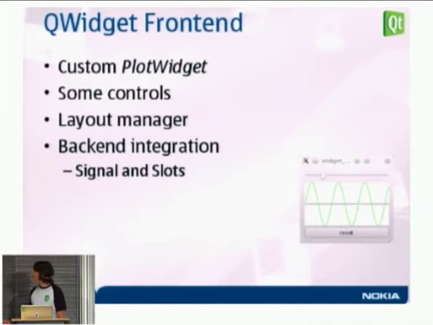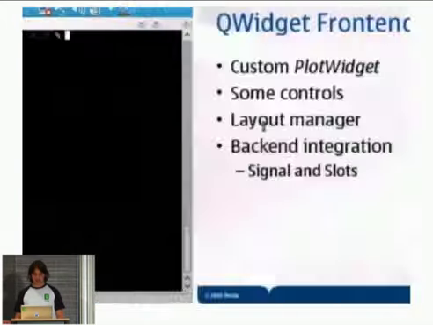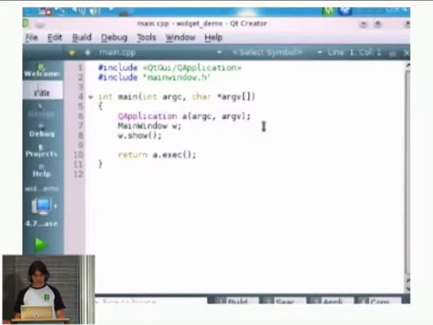So the Qt widget frontend consists of a custom plot widget with some controls and a layout manager, and the backend is connected over signal and slot. So nothing fancy, I guess. All of you have already done something like this. It's just a normal Qt application, and this is the main application.